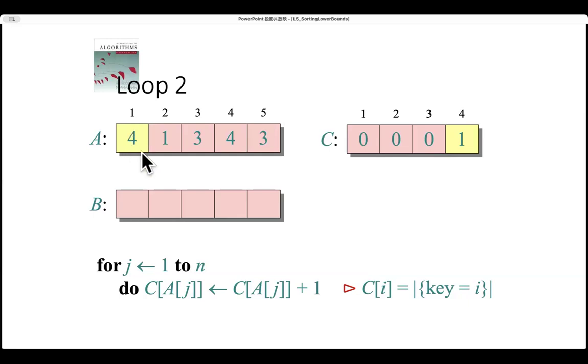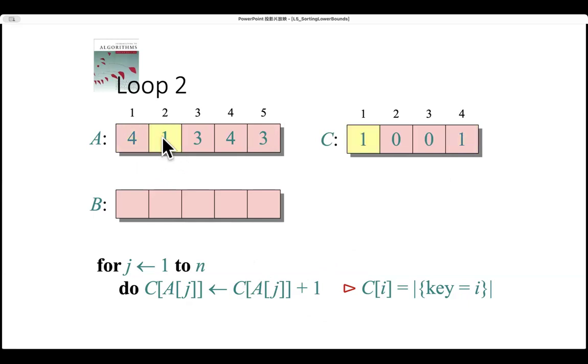A[1] is 4, so we increment C[4] by 1. You count, oh, there's a 4 there. Then you go to the next one, index 2.